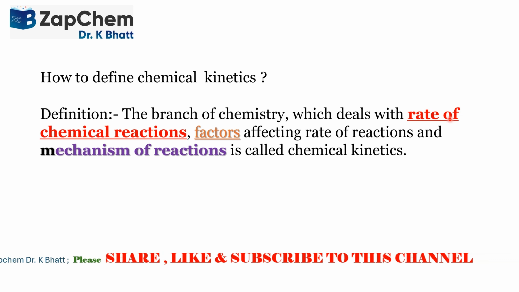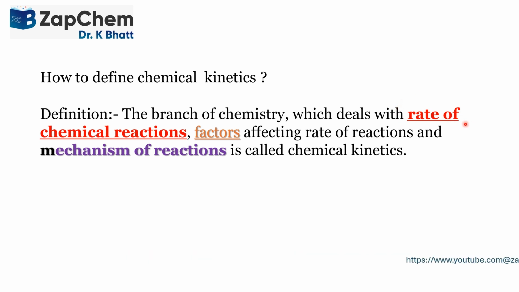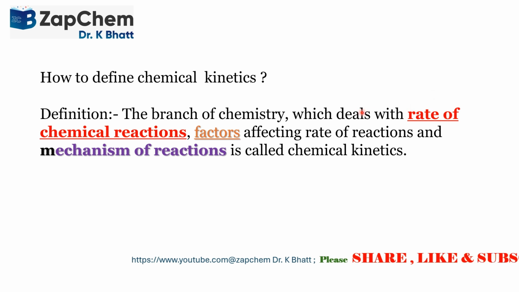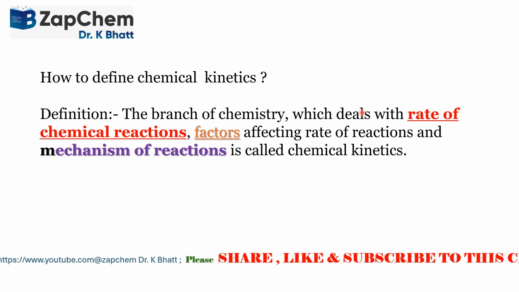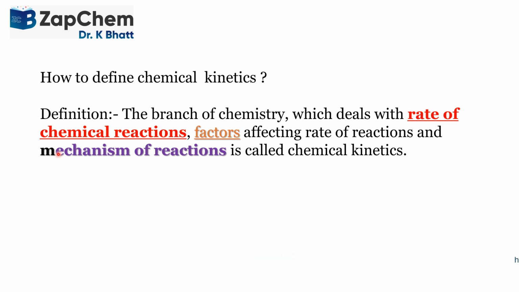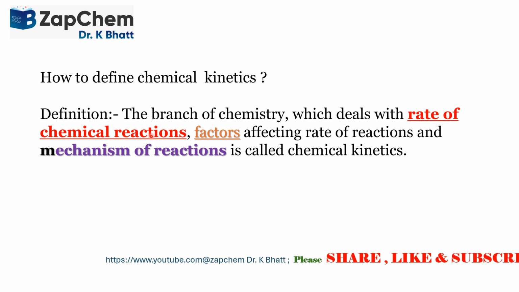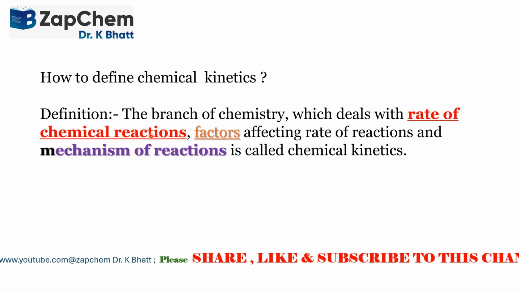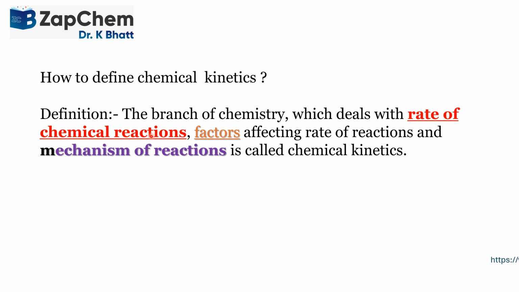When we talk about rate, it is a relative term with respect to time, and therefore whenever a reaction takes place, some changes occur during the course of the reaction, and we measure these changes in terms of concentration. Concentration of what? Concentration of either the reactants or the products.